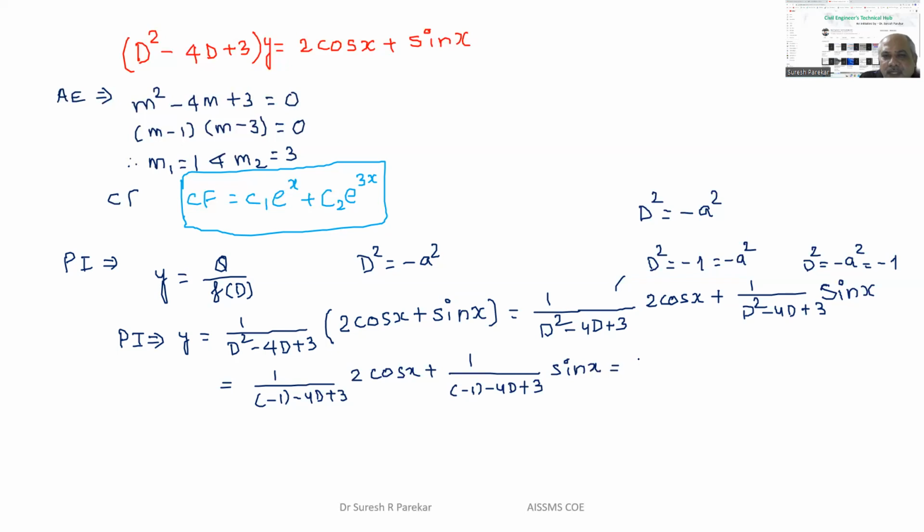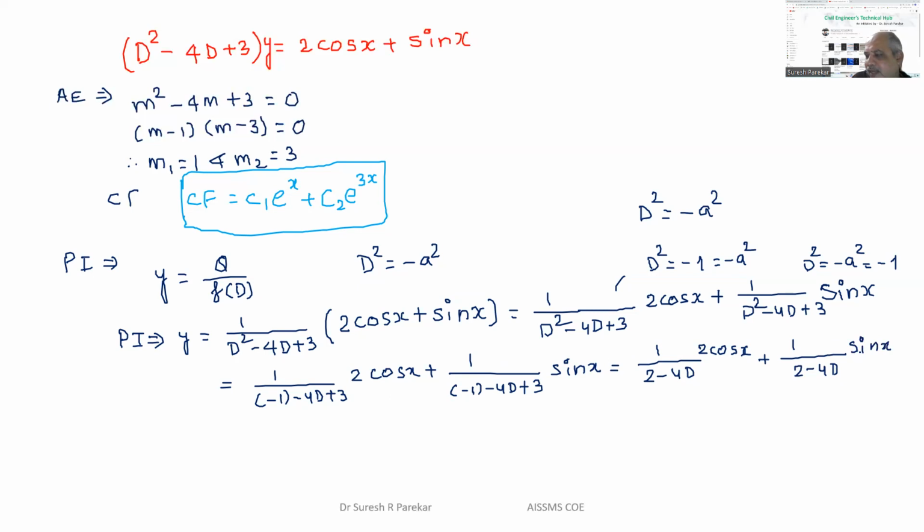And now if we put this in, we have 1 upon, this is minus 1, this is 3. So we have 2 minus 4d, and that is into 2 cos x plus 1 upon, again we have the same, that is 2 minus 4d into sin x.